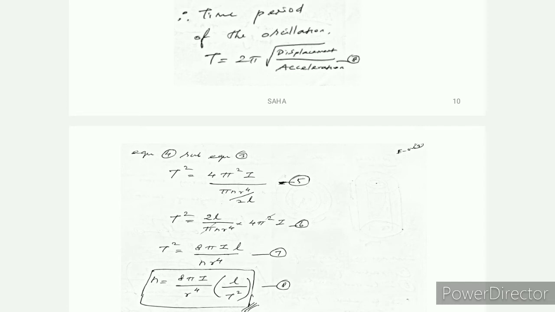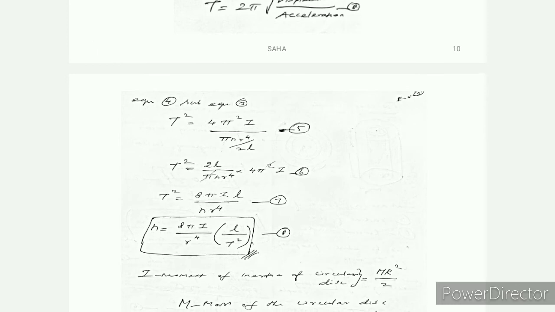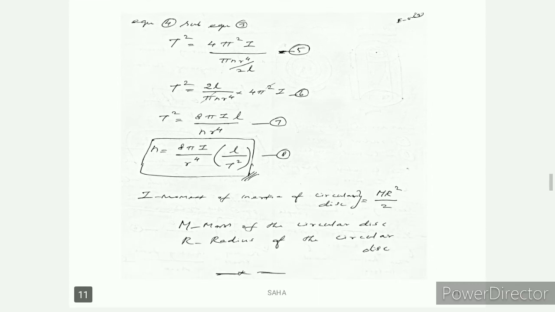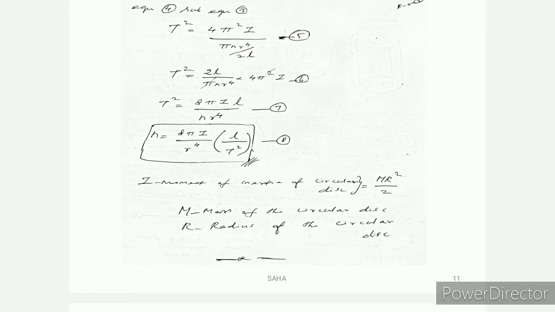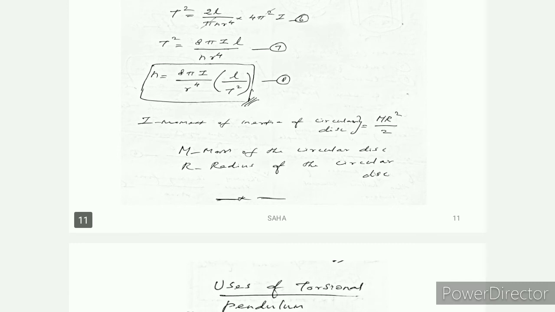Simplifying, we get T squared is equal to 8 pi I l divided by n r power 4. Writing it separately, we get the eighth equation. Here I is the moment of inertia of the circular disc, equal to m r squared divided by 2, where m is the mass of the circular disc and r is its radius. So this is the theoretical explanation.